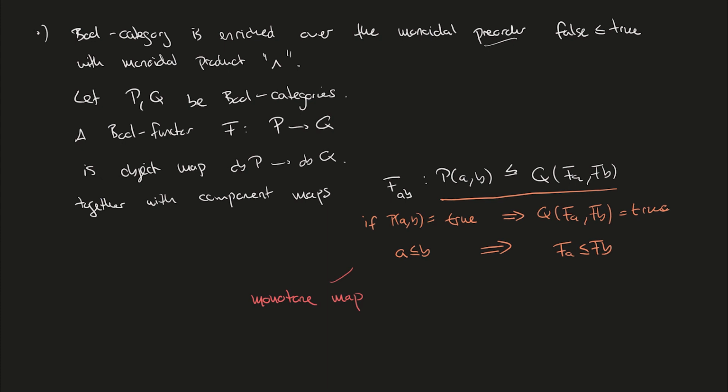Therefore, again, enrichment over Bool gives us preorders, and the enriched functors, namely Bool-functors, give us monotone maps, which are the usual notion of a map between preorders.